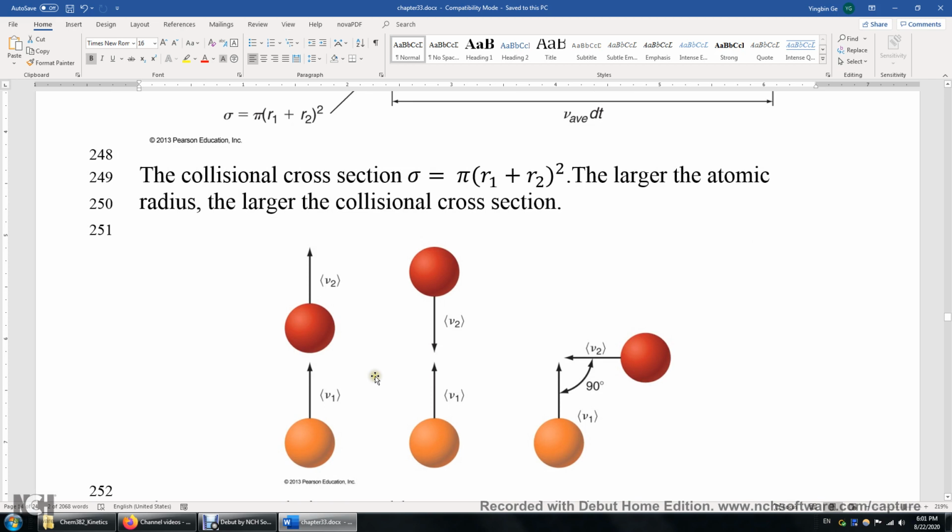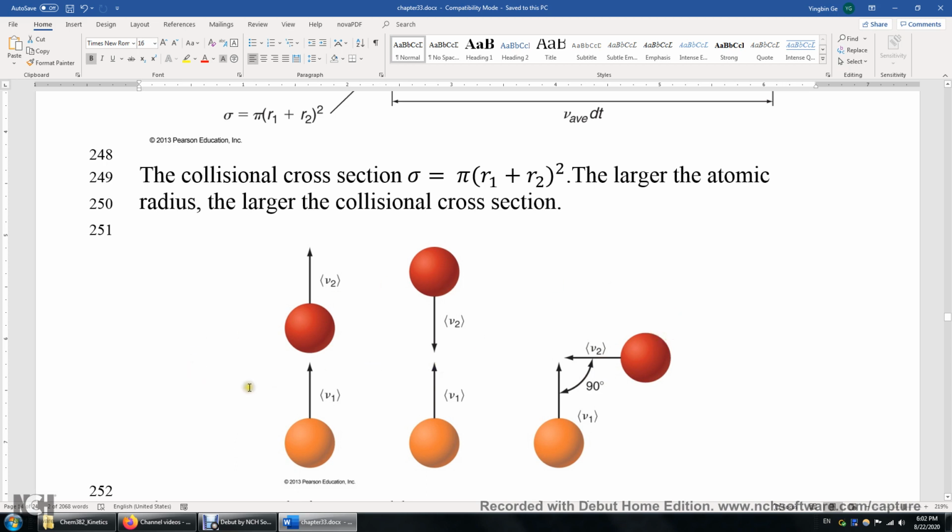Now there are three situations. These two are moving in the same direction, in the opposite direction, or with a 90 degrees angle. Also, they can move at any other angles between 0 and 180.